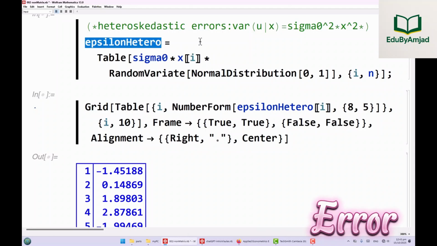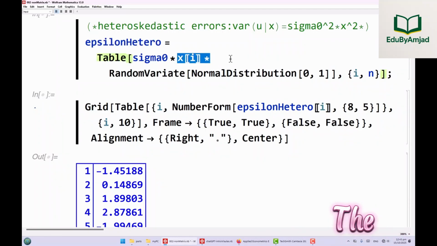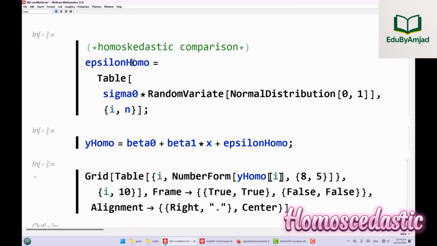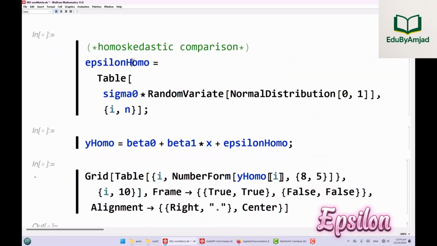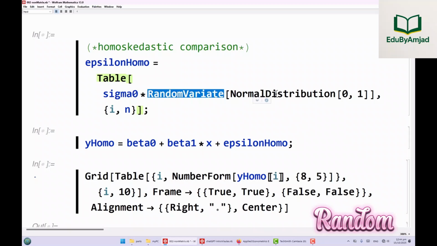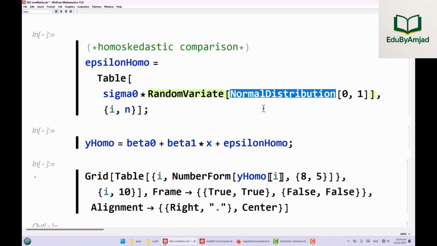Heteroskedastic error, or epsilon hetero, depends on x, the independent variable, and random noise drawn from a normal distribution. Homoskedastic error, or epsilon homo, depends only on random noise, not on x.